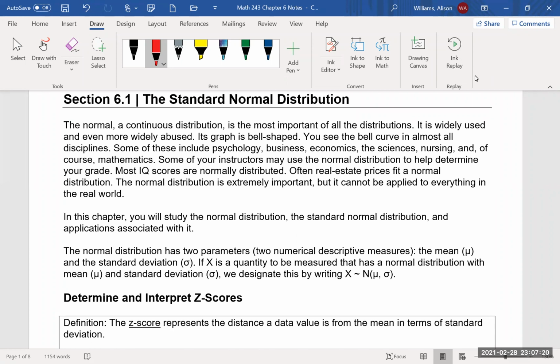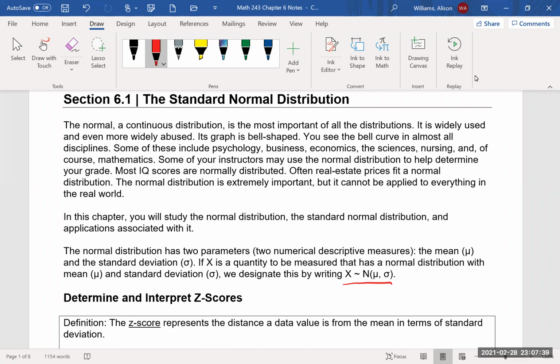It's called the normal distribution. For the moment, we're going to come back to what they mean by standard, but let's talk about a little bit of the notation for the normal distribution. We saw this kind of notation when we looked at the binomial distribution.